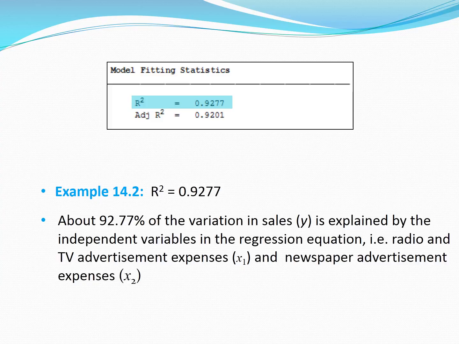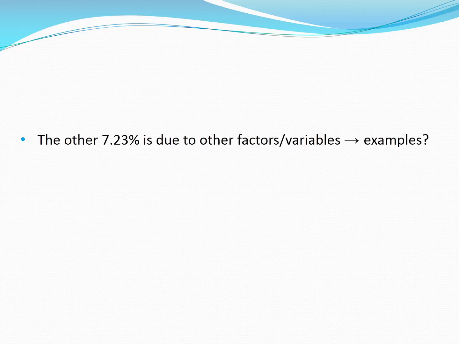That means your X1, which indicated the radio and TV advertisement expenses, and X2, which denoted the newspaper advertisement expenses. The multiple regression equation was then a very good fit to the observed data.